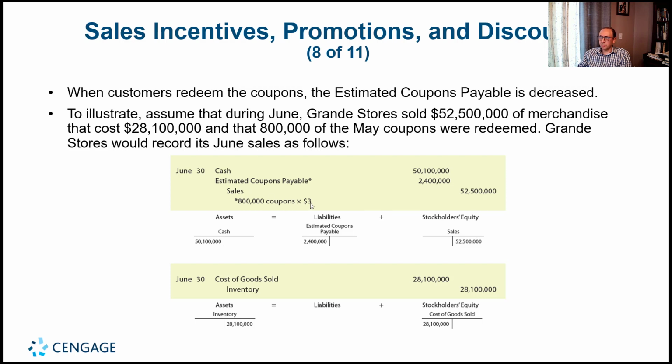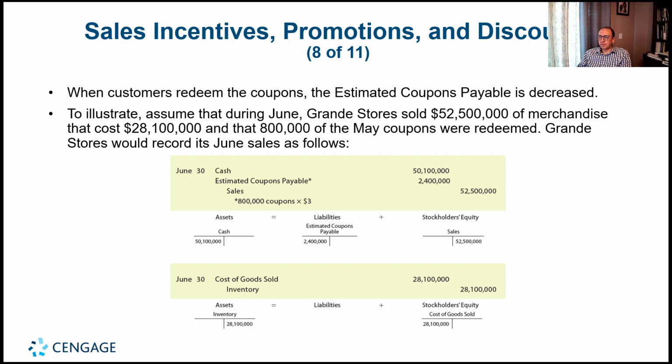So 800,000 multiplied by 3, that's our estimated coupons payable. We're going to reduce that, and that would be 2.4 million. So we reduce 2.4 million from the 52,500,000, and then the net cash would be only $50,100,000.